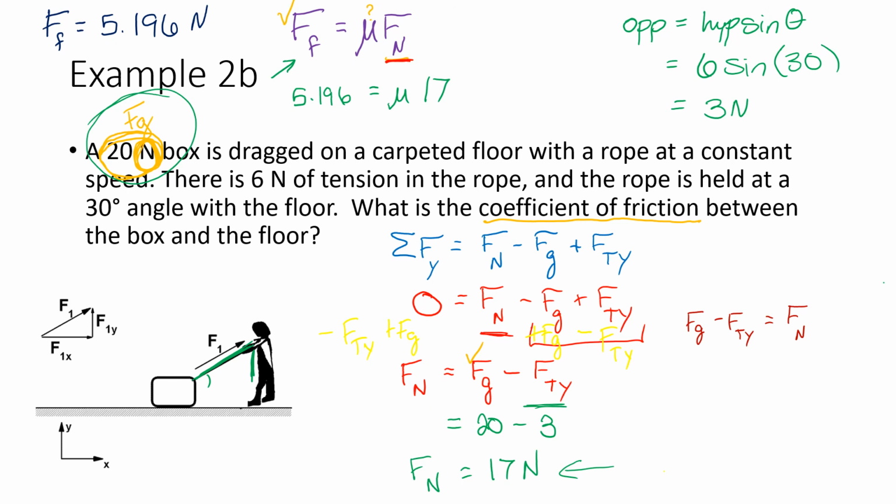So this is 0.305. And again, mu has no units, so just that. Does this also fit with one of the things we know about the coefficient of friction? Coefficient of friction should always be less than 1. Yep, so we know we did it more or less correctly.